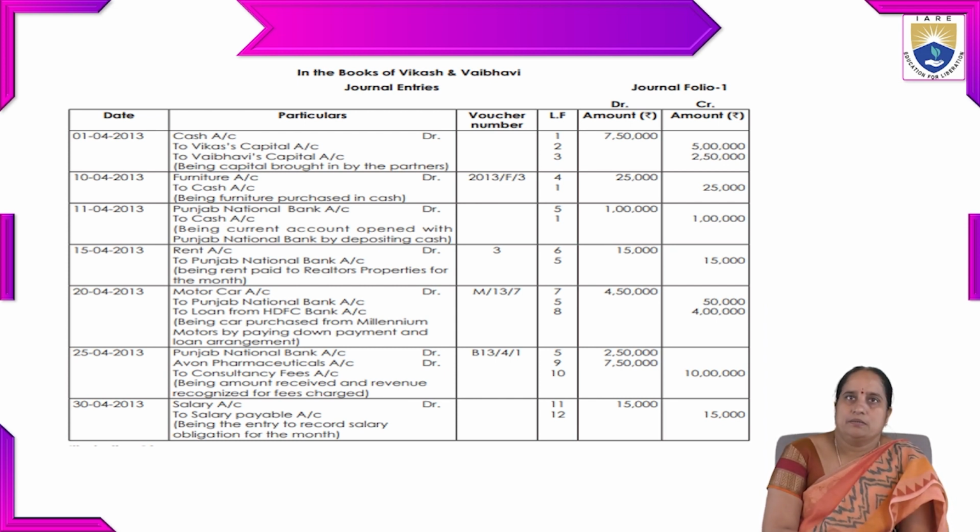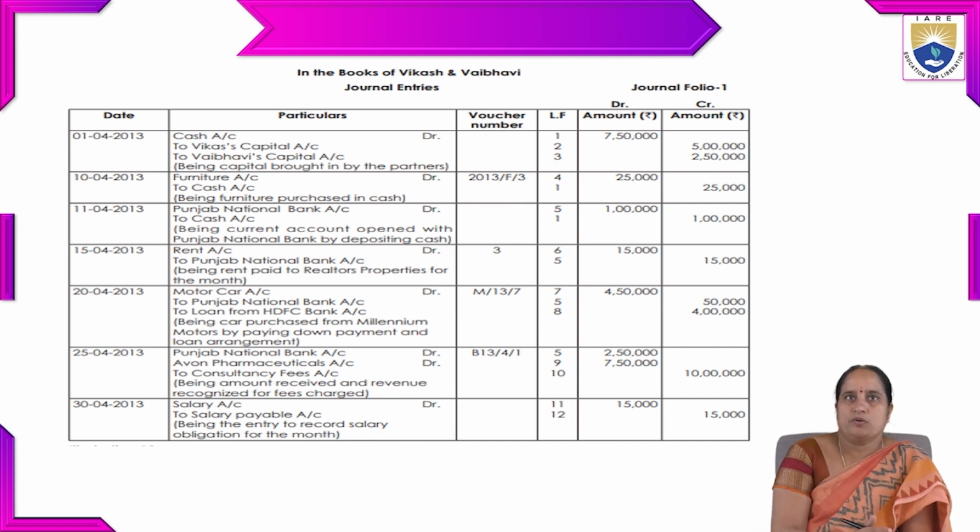How do they enter in the book of journal, or the book of original entry? So let us start in the date column on 1st April. Cash account to Vikas capital account to Vaibhavi's capital account. Cash account is on the debit side because both husband and wife have invested cash, so there is an increase in cash. That should be mentioned on the debit side, and it is invested in the business as capital.